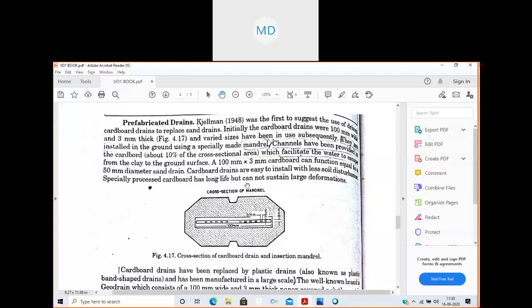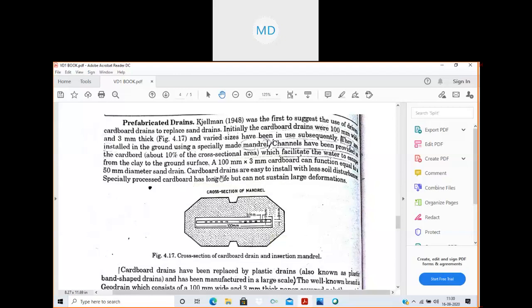Measurements are given here: a 100 mm by 3 mm cardboard drain can function equal to a 50 mm diameter sand drain. This is just the comparison, so this is the replacement of the sand drain.